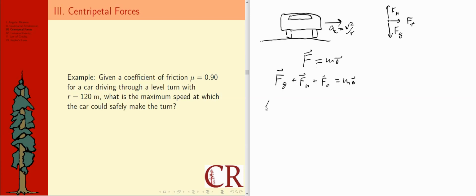If I do this in a standard set of coordinates, x represents horizontal directions, and I just have that the force of friction is equal to the mass times the centripetal acceleration, so I'll put in v squared over r for that. For the y components, I have minus mg plus F N equals 0, which clearly implies that the normal force is equal to mg.